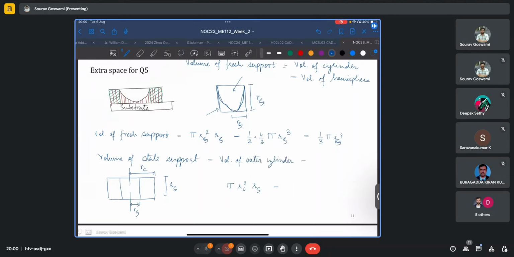Now the outer cylinder minus the volume of the inner cylinder is equal to pi RC square RS minus pi RS square times RS, which is equal to pi RS times RC square minus RS square.